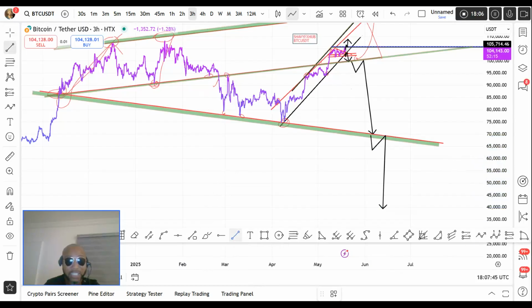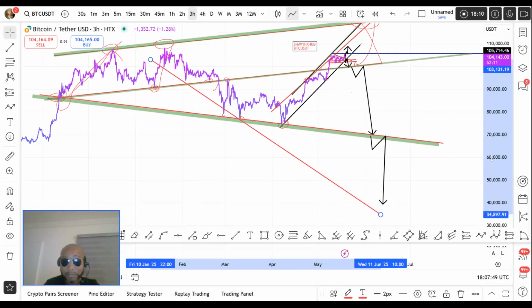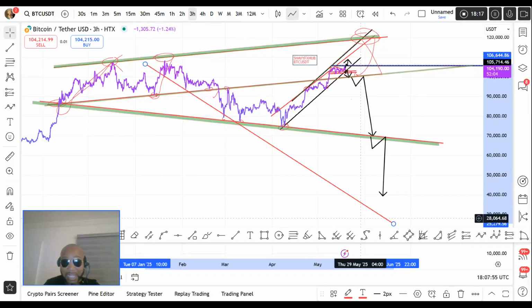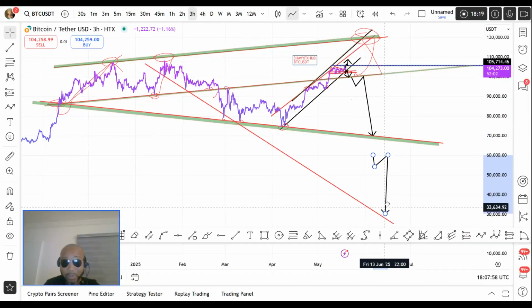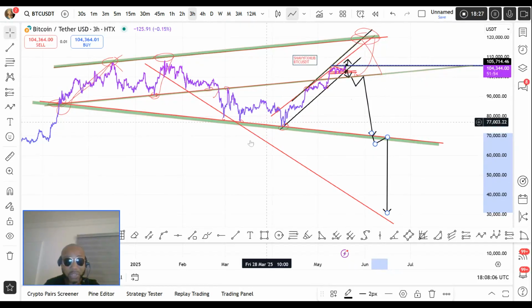Then we have another descending trend line that has held price in this manner. We have a descending trend line in this manner, and it's also built up by price. And it will most likely come to that level, and you see it up to 27. I know a lot of people do not believe this, but this is the structure of the market.